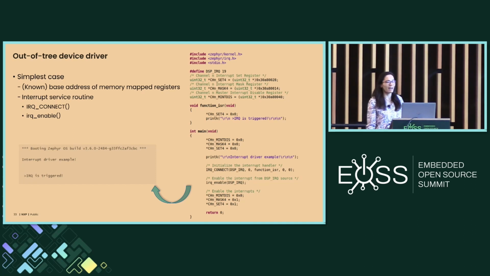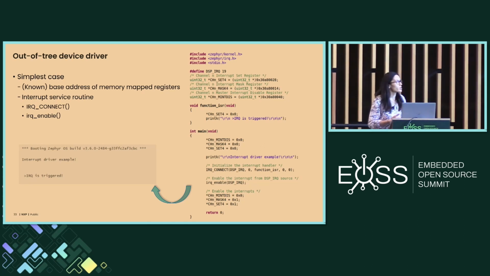We can also have out-of-tree device drivers. And I have there on the right the source code of a proof of concept of an interrupt controller for IRQ_STEER. IRQ_STEER is an interrupt controller on the DSP subsystem of i.MX 8QXP.